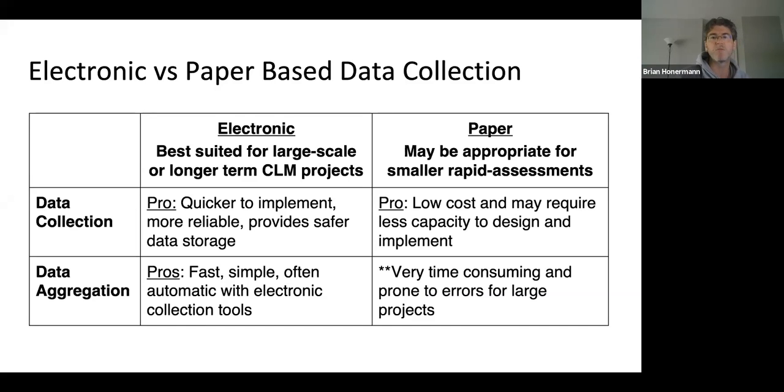You can have forms that are both paper and electronic. That's done in the Rachite project. Electronic is quicker to implement, it's more reliable, everybody's getting the same thing, it provides safer data storage, and it also has a lot of advantages around being able to aggregate the data very quickly with some of the automatic tools that are built into those.